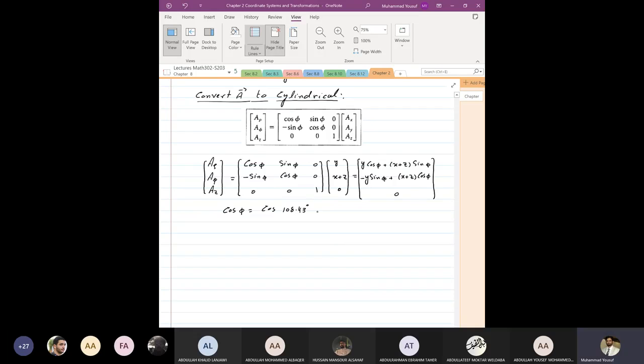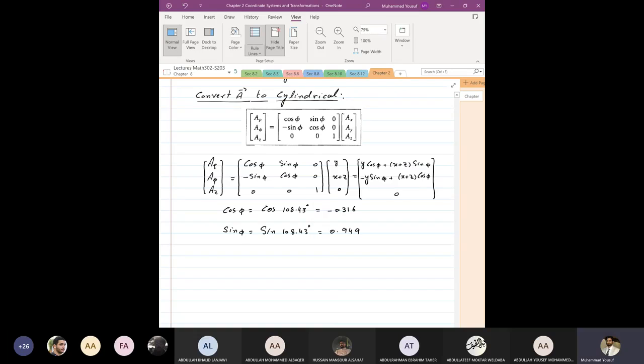Now put your calculator mode in degrees. Minus 0.316. Also, we need to use sine phi, that is sine of 108.43 in degrees, and that will be 0.949.